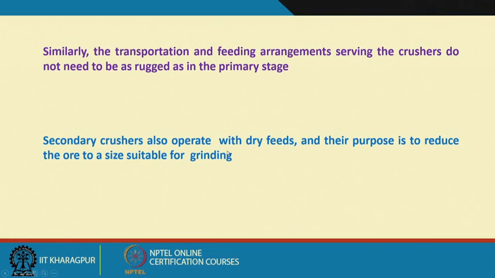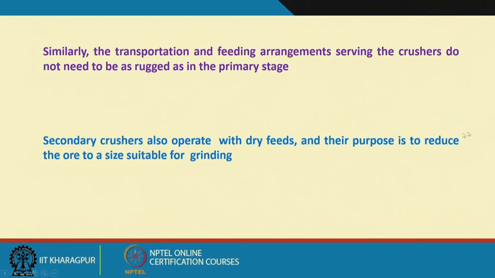Secondary crushers also operate with dry feeds and their purpose is to reduce the ore to a size suitable for grinding. So, normally the secondary crushers are put into a closed circuit operation, because many times the secondary crusher discharge is fed to a grinding mill.